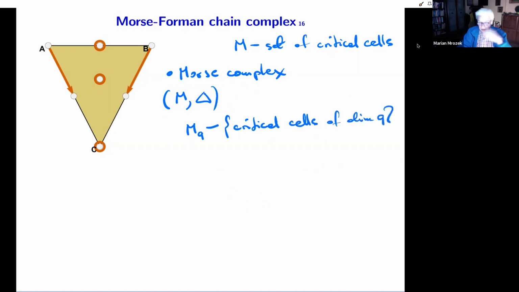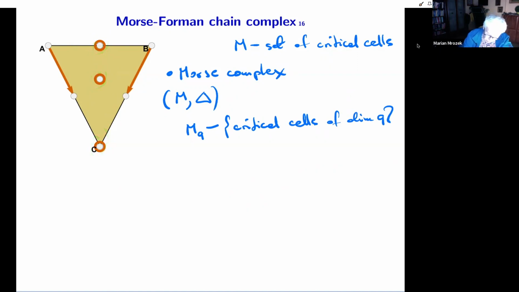So instead of taking the dimension of the unstable manifold as in the classical theory, every cell has its natural dimension. So a triangle is two-dimensional, the edge is one-dimensional, the vertex is zero-dimensional. So here M2 consists only of this, M1 of this, M0 of this.